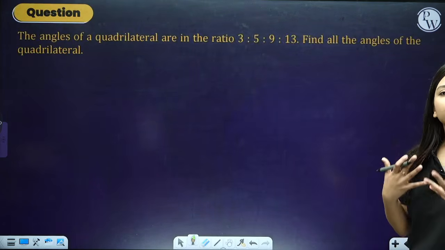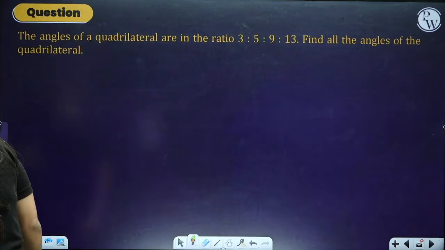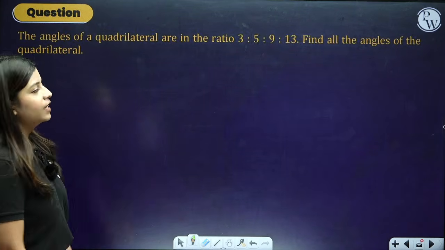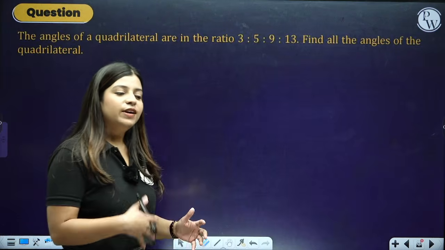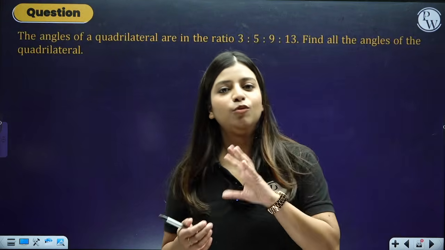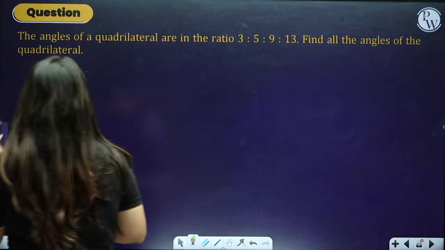Now, the question says, the angles of a quadrilateral are in the ratio 3:5:9:13. Find all the angles of the quadrilateral. So, whenever the ratio is given to us, what do we do? We always remove the ratio and write down x for that unknown multiple that we have.